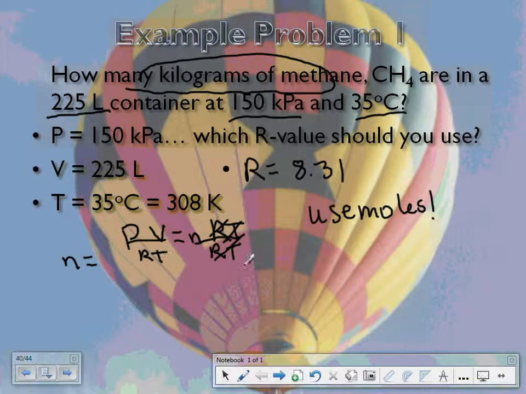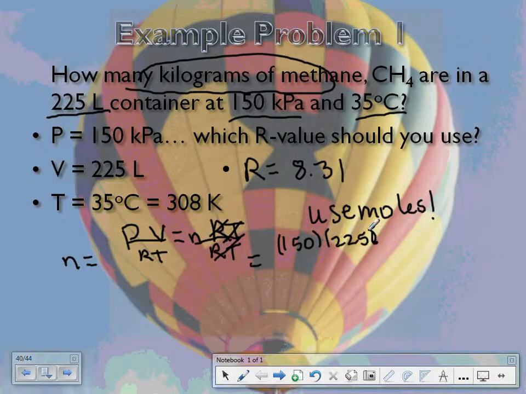So we have PV over RT. Let's put our values in. P is 150 kPa. We're going to multiply that by the volume, 225 liters. I don't need to write in all my units. And then we're going to divide by 8.31.